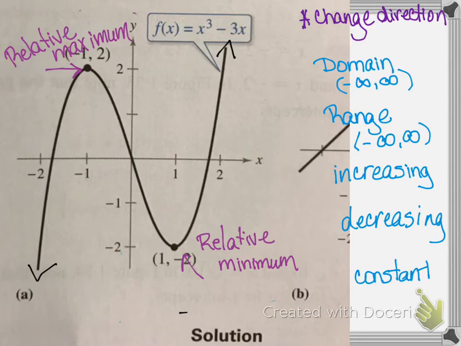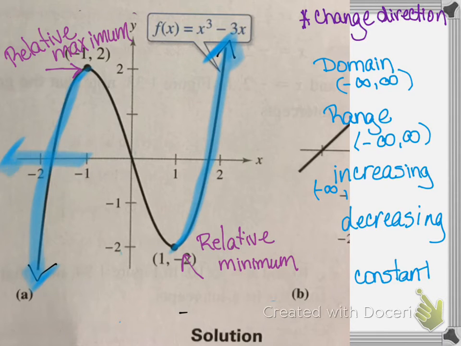Okay. Now, increasing. I am increasing here and I am increasing here. Okay? That's when I'm increasing. Now, my increasing starts at negative infinity and it goes to this x value right there.